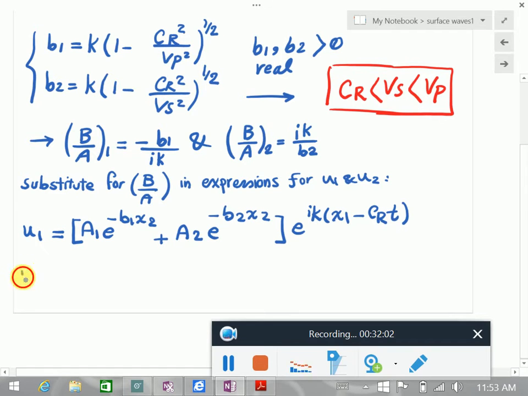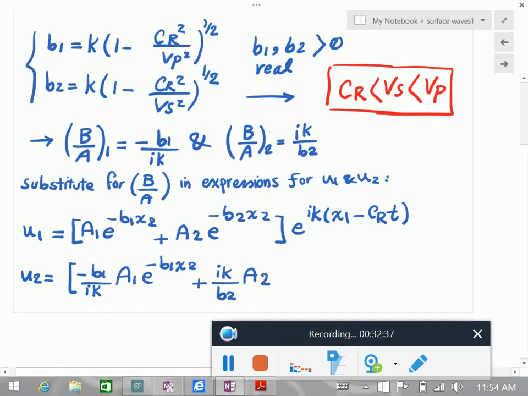Okay, and then you see that the b over a and b over a, that now they play a role. So u2 is, I'm just using the same ratios that I have above, basically multiply it by a2 to get b2.